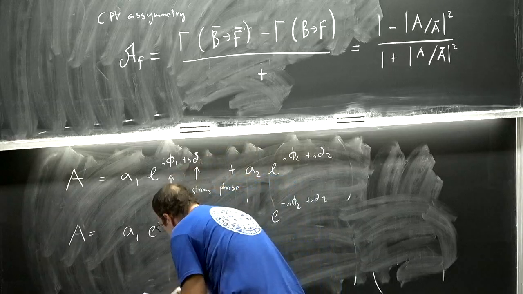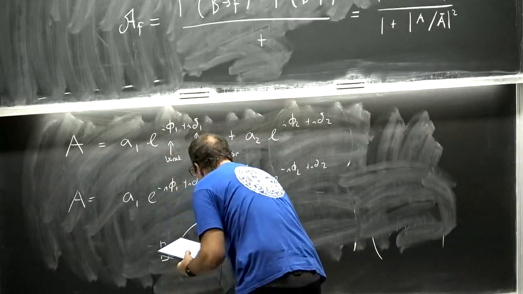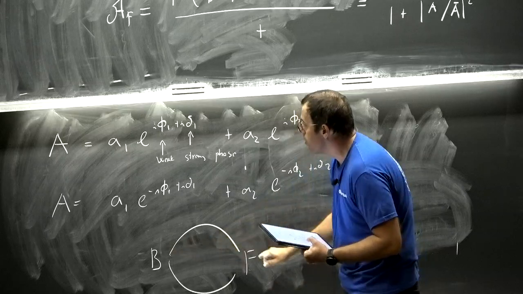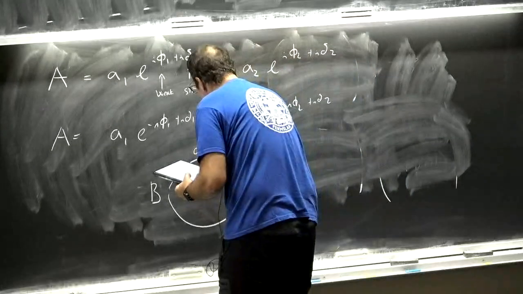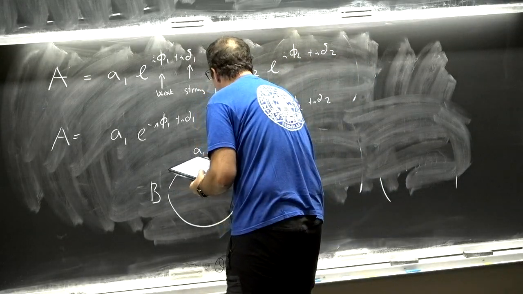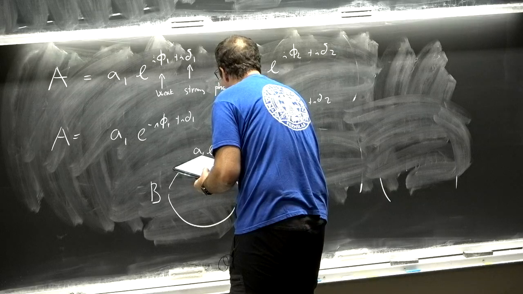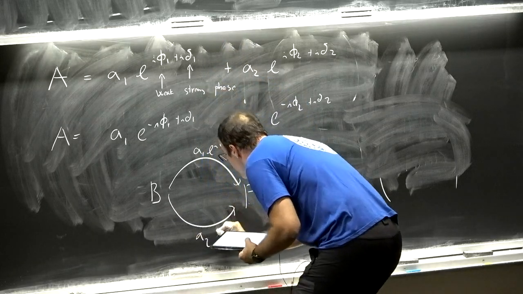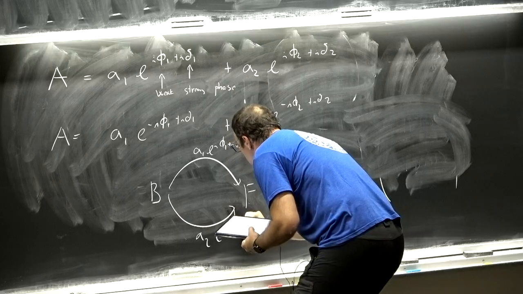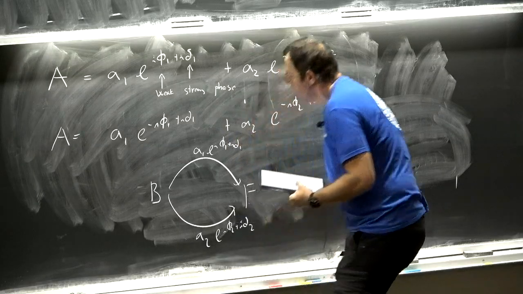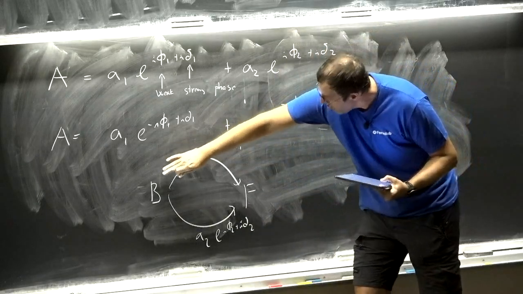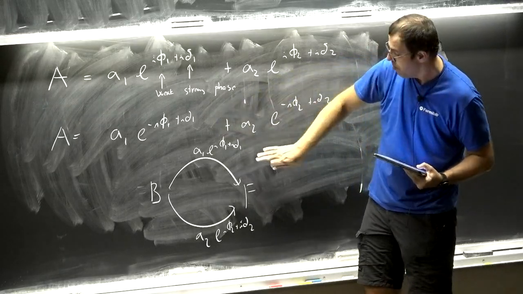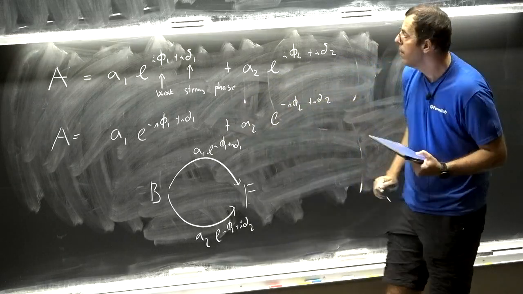So pictorially, I have two ways of going from B to F. You can take the A1 route, e to the i phi 1 plus i delta 1, or the A2 route. If I take B bar to F bar, the weak phase flips the sign, but the strong phase doesn't.